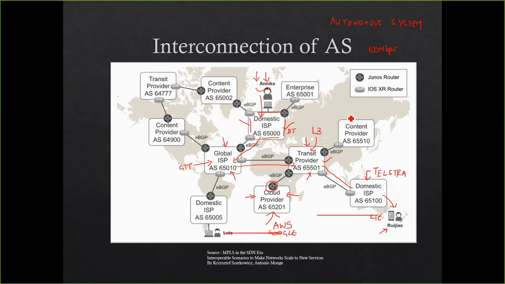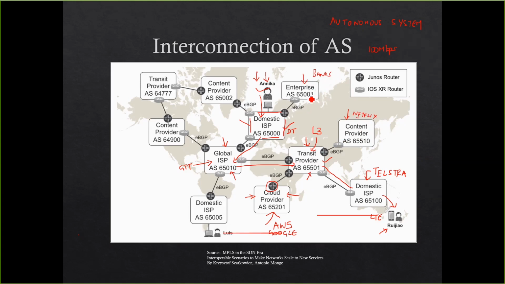And then you have content providers. It could be Netflix or other video streaming services, right? So they have their own autonomous system and they have their own network. They might be connected to the transit providers. And then enterprises, as I told you, banks, or insurance companies or travel agencies, big travel companies, and any enterprises like furniture shops like IKEA. They might have branches in many countries.